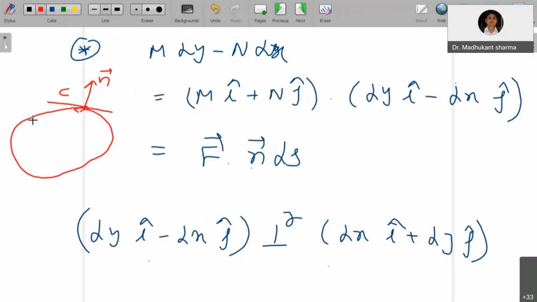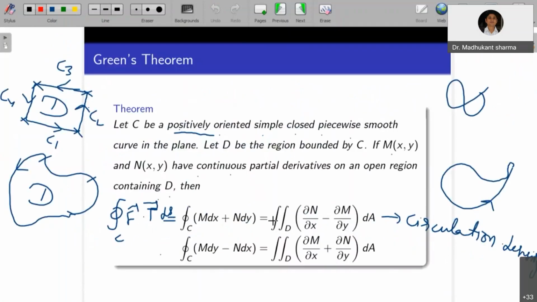So you have the outward flux across the boundary. If you want to obtain the outward flux, you can use this, and the vector form of this is the integral over C of F dot N ds.